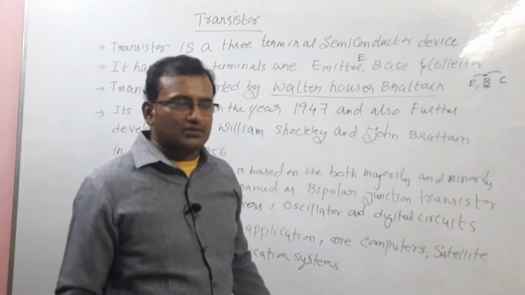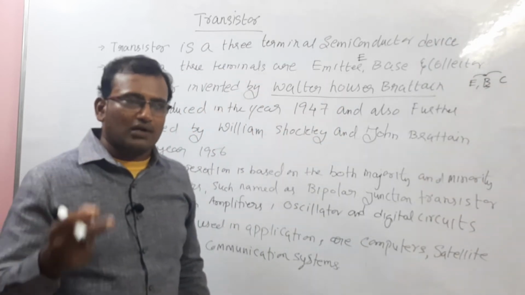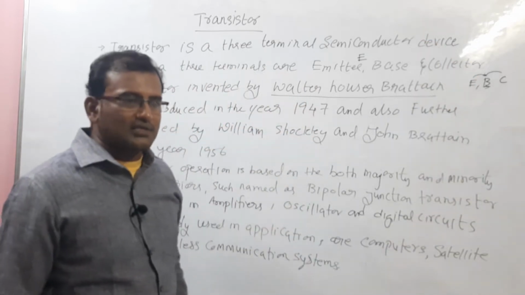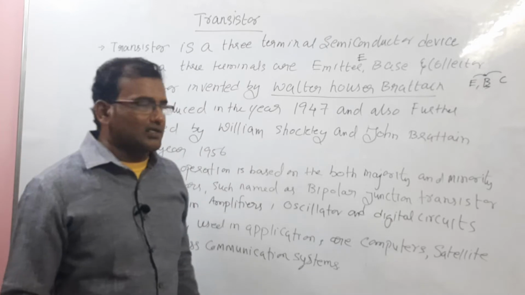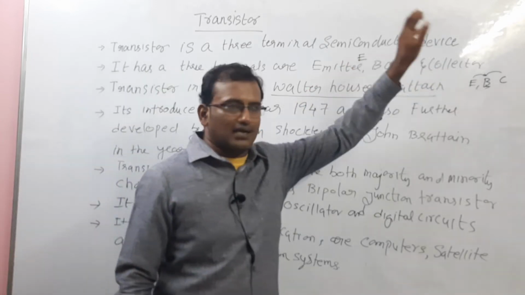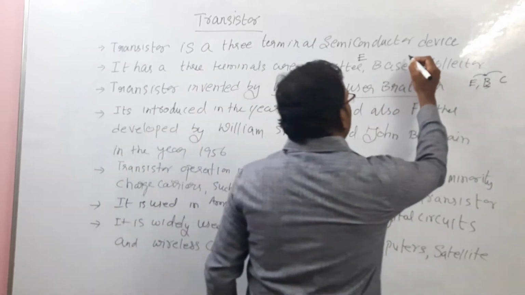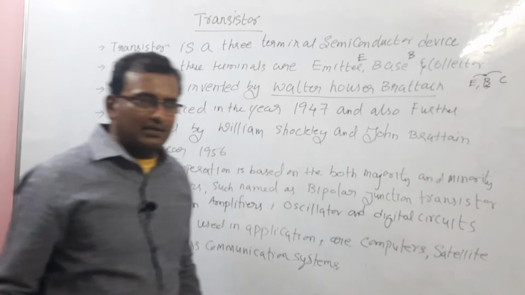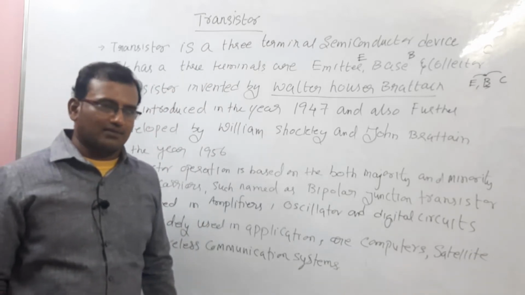That is moderate, so the doping level should be moderate in the case of the collector region. So that three-terminal semiconductor device is named a transistor: emitter, base and collector. The base is represented as B and the collector is represented as C.